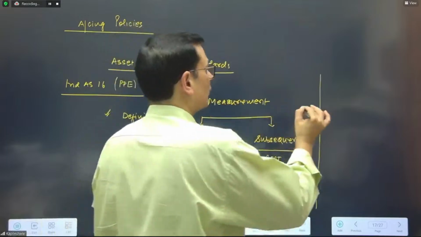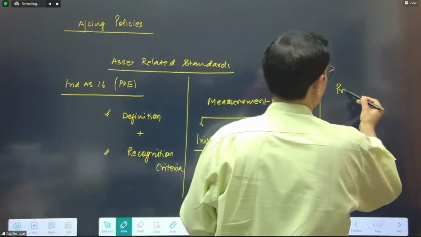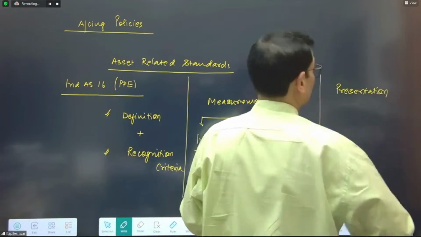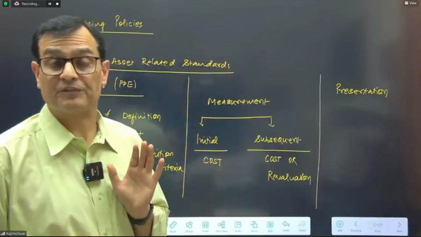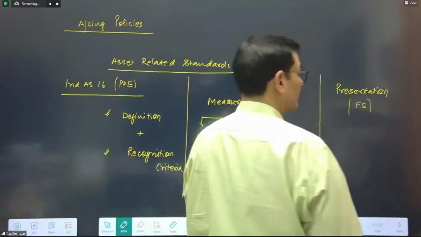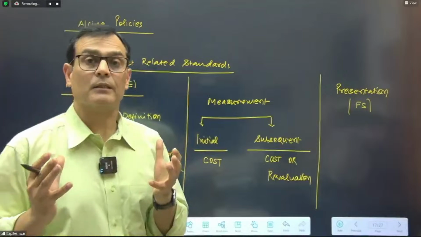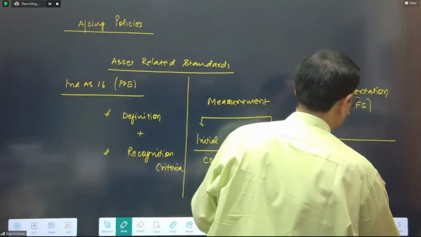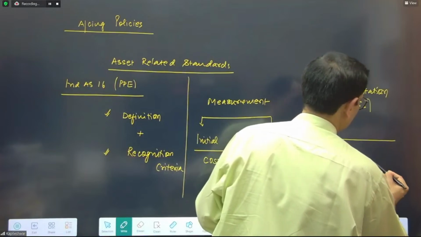But then the standard talks about the presentation. How it will be presented in the financial statements. The presentation will be in terms of financial statements, the balance sheet and the profit and loss. And then the standard gives you the next input, and that is called disclosures.